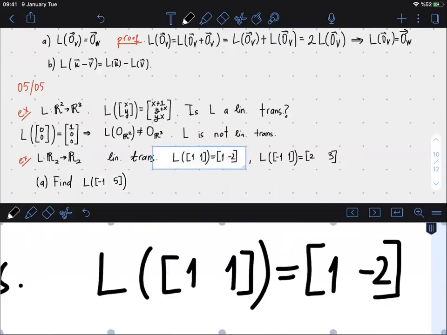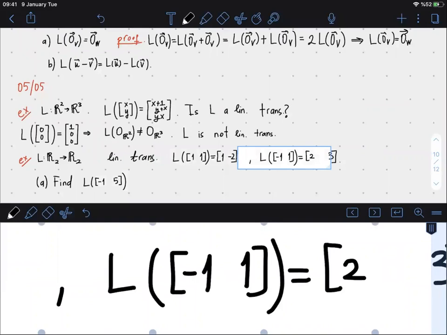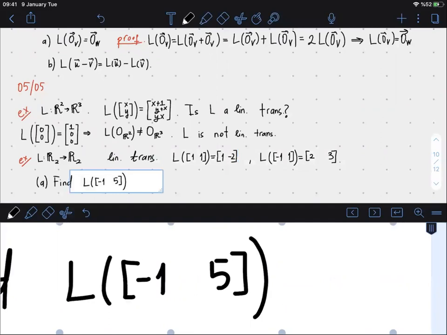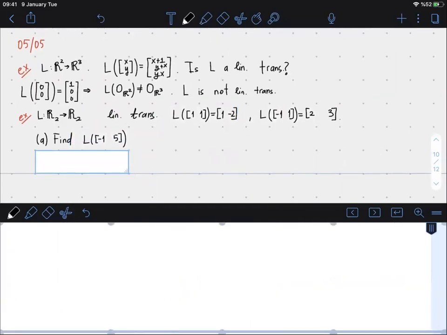L(1, 1) is this one, L(minus 1, 1) is this one. So it's asking what is L of this vector. How do we find this? The way to do it is to use, of course, the linearity property.